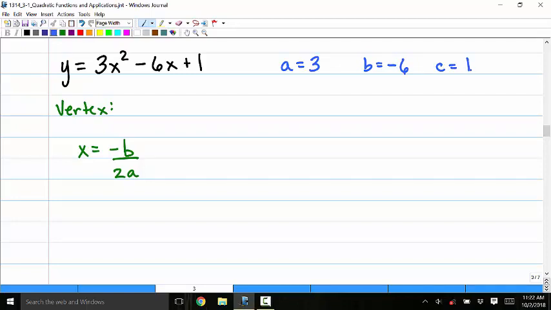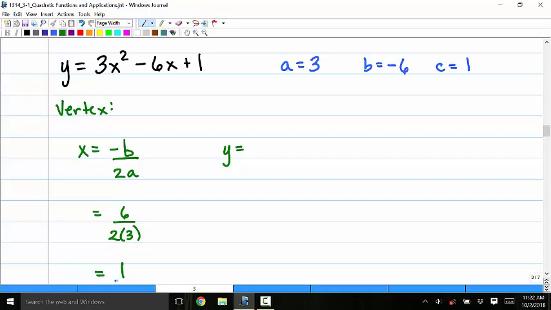Okay, what is negative b over 2a? Negative negative 6 over 2 times 3. 6 over 6 is 1. So for the vertex, the x value is 1. If I know the x value, could I go find the y value?